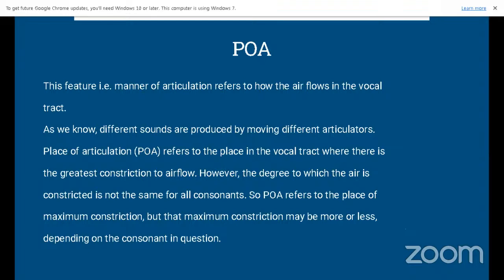It refers to the place in the vocal tract where there is the greatest constriction to airflow. The degree to which the air is constricted is not the same for all consonants, so that maximum constriction may be more or less depending on the consonant in question.